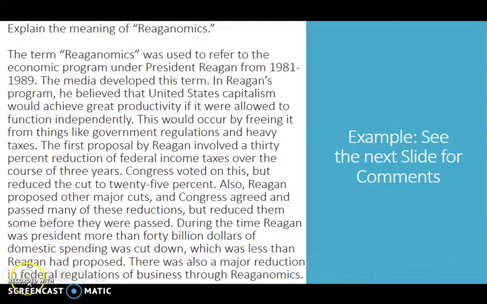So let's go back and look at this. Last sentence: there are also major reductions. What are those reductions? Okay, that would be great. So, such as, you can just put "such as" blank and then come back to the sentence. Now, there's another little part up here: Congress agreed and passed many of these reductions, but reduced them some before.